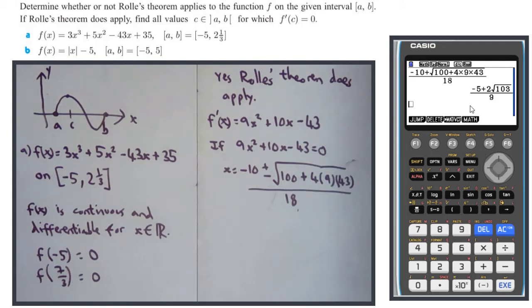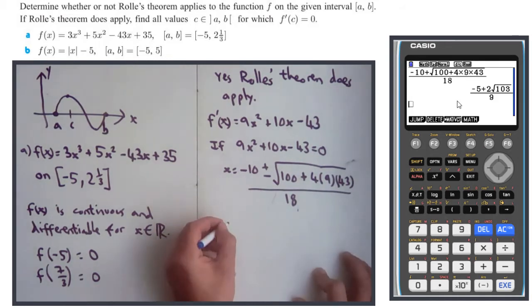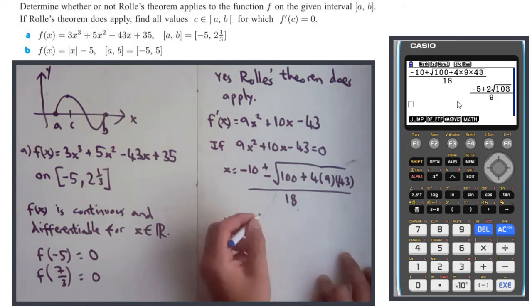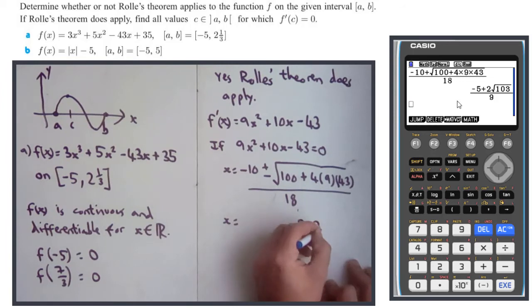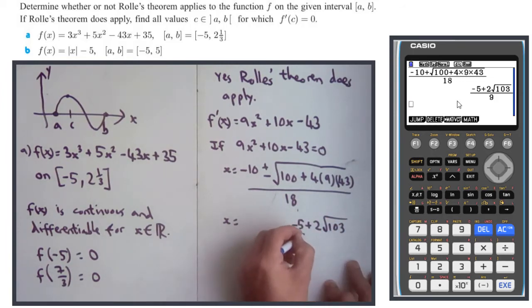So that's one of the solutions, and it's not very nice, as you can see, so I think we made the right choice to not even attempt to factorize the thing. So x equals, well, the first solution, probably I might put over here, because I added first, so x could equal minus 5 plus 2 root 103 over 9.